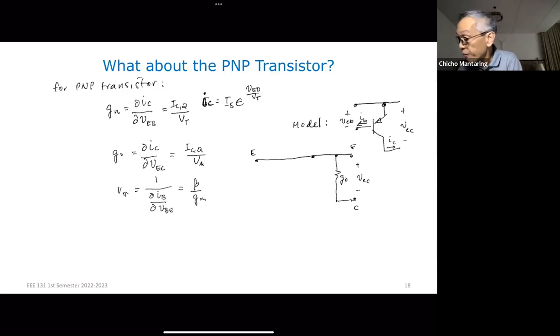And then I have a current flowing down here. Okay, so nag-add siya sa current dito. This current is flowing down, this current is also flowing down. Okay, this is GMVEB.